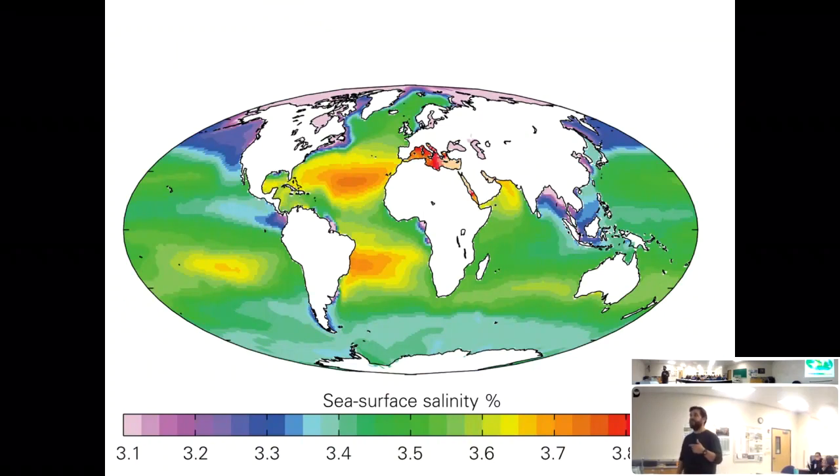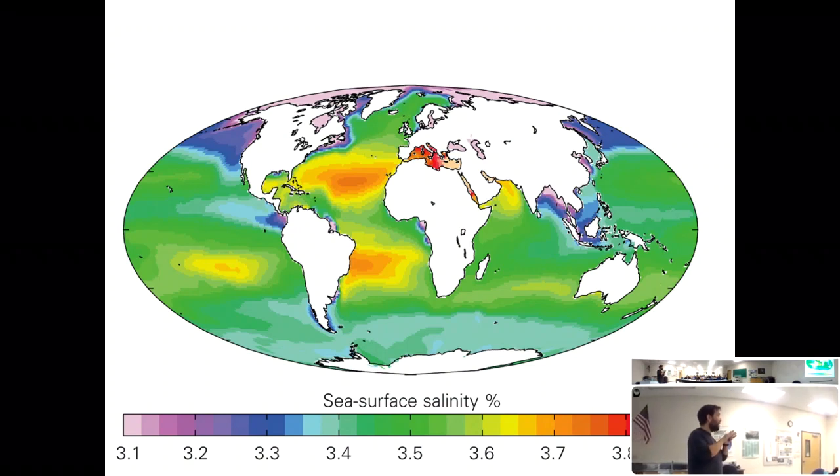So I want you to notice something. This is kind of cool. Notice around the poles, the water is actually less salty. The reason it is less salty is because when the ice melts, it freshens up the water and it stays on top, because remember that fresh water is less dense. But when ice formation occurs, it leaves behind saltier water, and that saltier water immediately sinks. The saltiest water in the ocean is the bottom waters of the Arctic and Antarctic.